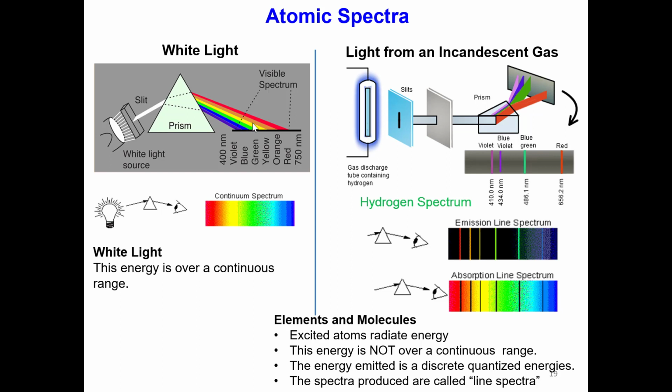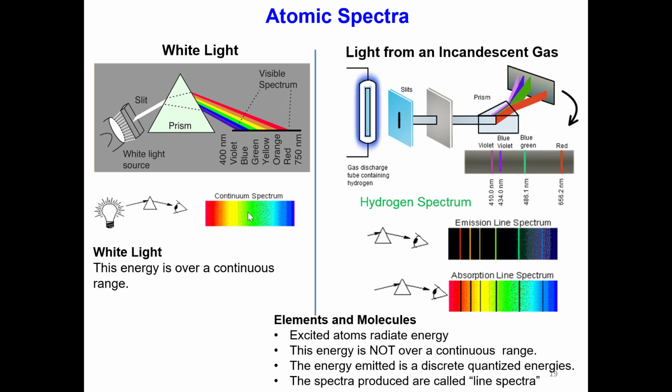What we will see is the continuum spectrum: all the reds, all the yellows, all the greens, the blues, and the violets.